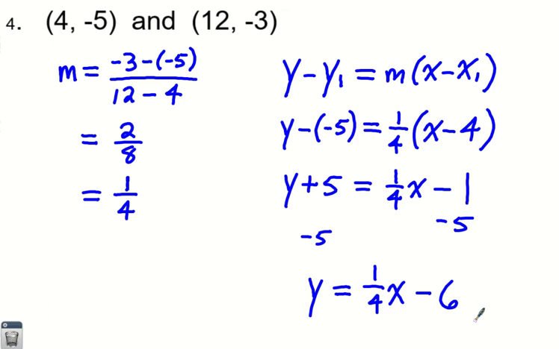But that is not quite as consistently reliable as formula work like this, because maybe your grid isn't big enough for 12, -3. What if this was like 120, -3? What are you going to do then? You don't have graph paper that big. And what if these were like really nasty coordinates, like 12.7, -3.25, or whatever?